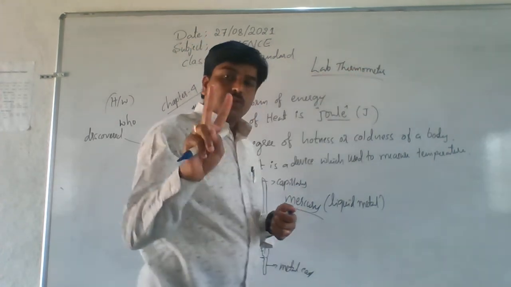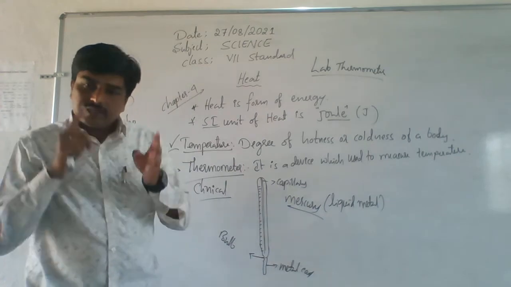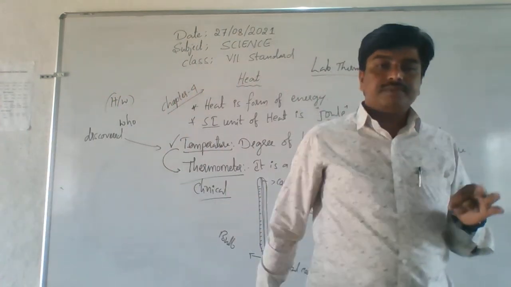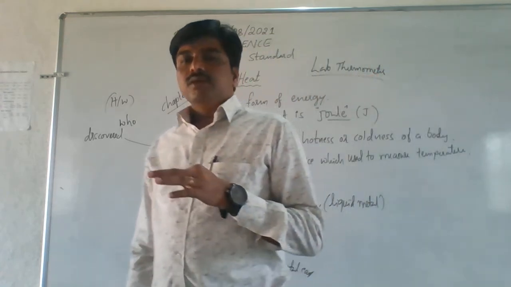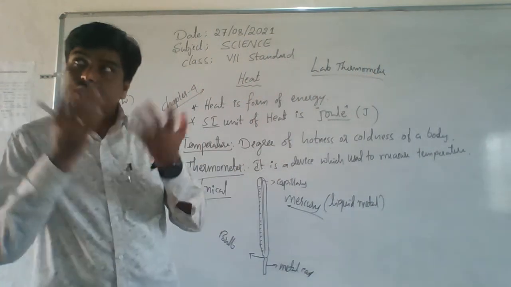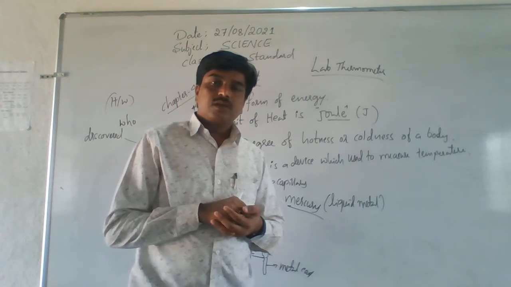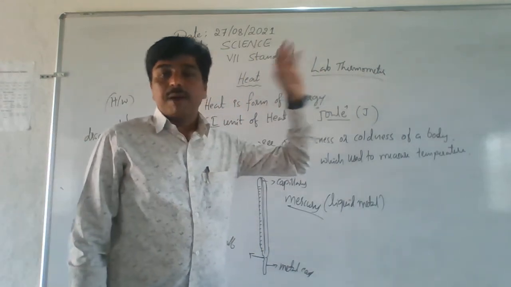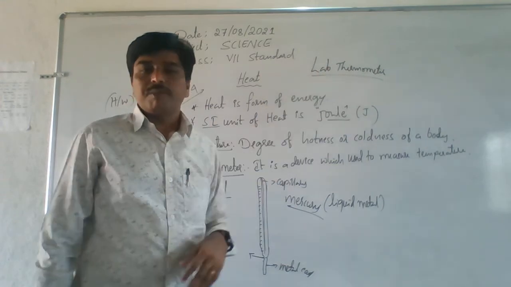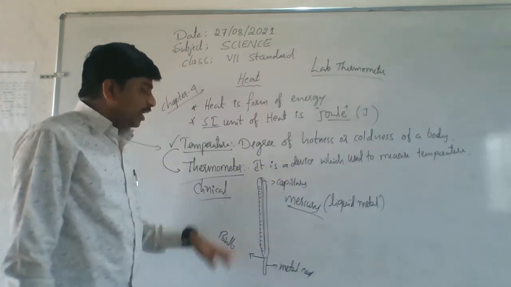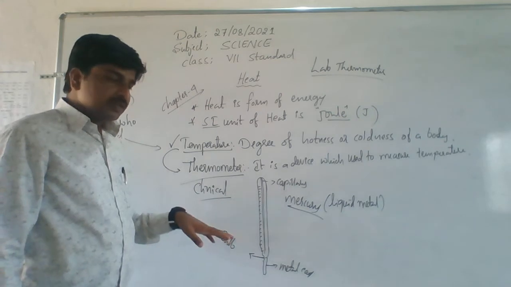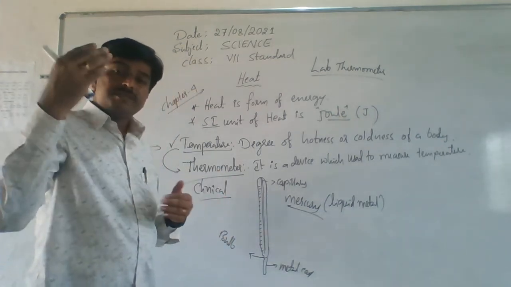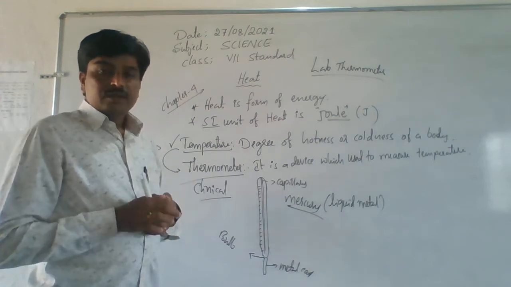There are basically two kinds of thermometers: one is the clinical thermometer, the second is the lab thermometer. The lab thermometer is used in a laboratory to check the room temperature and different substances, hence it is called a lab thermometer. The clinical thermometer is designed based on the normal minimum and maximum temperature of the human body.